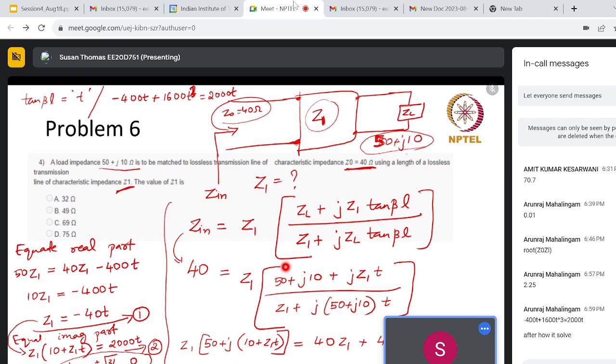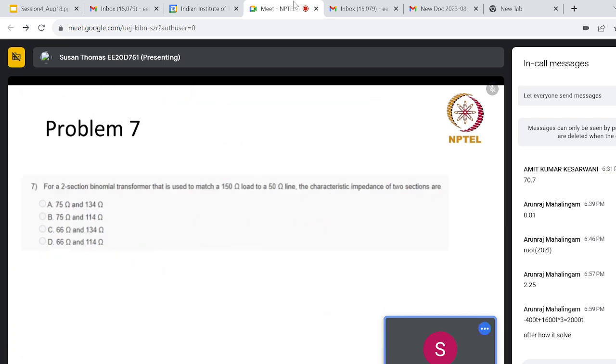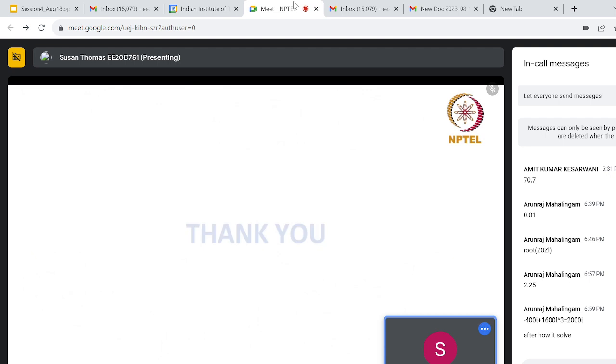Then it will ask for a, b and c, for ax square plus bx plus c is equal to 0. In that you have to substitute the values for a, b and c.